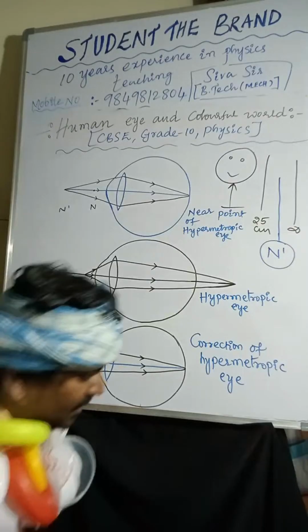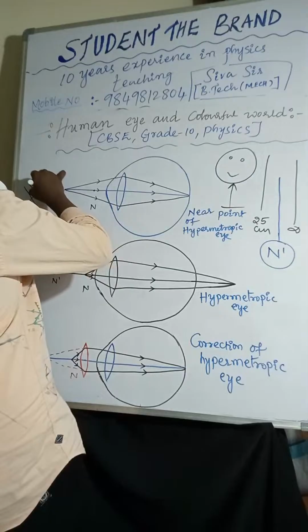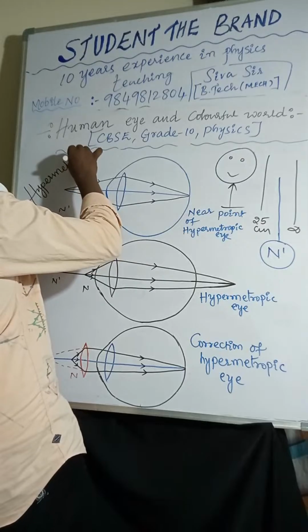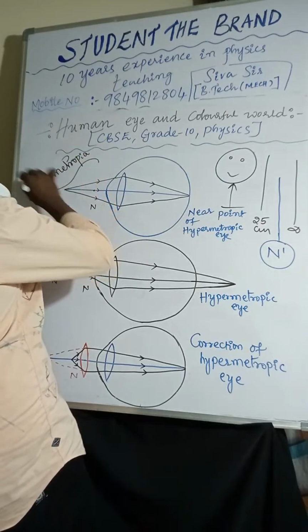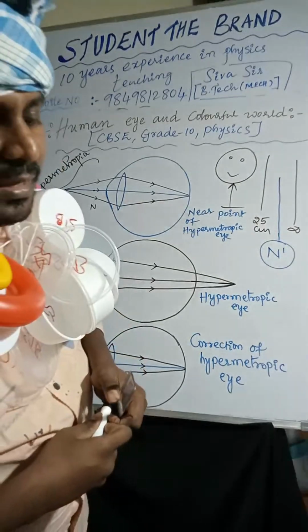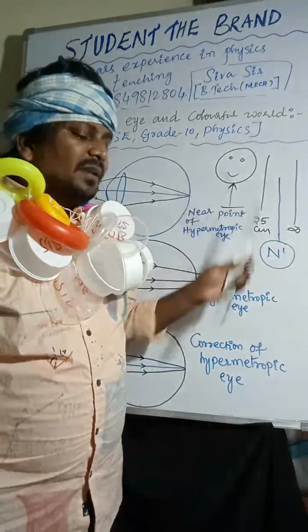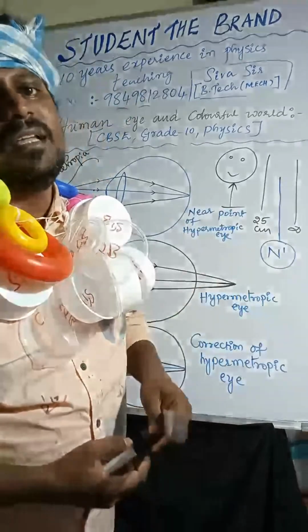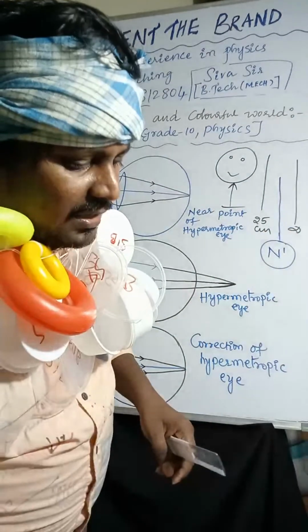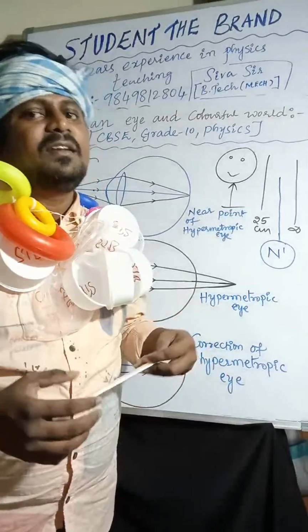Hypermetropia. Far distance we can see, near distance we can't see.